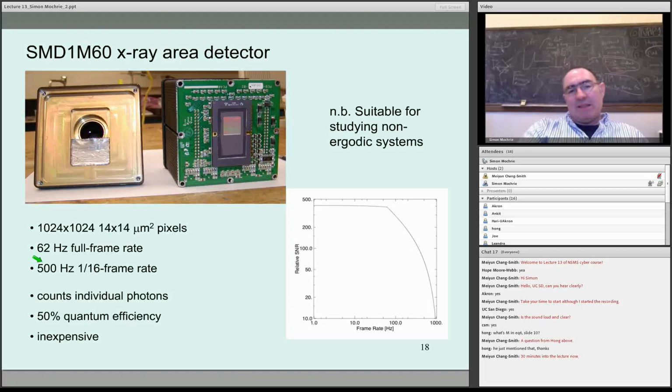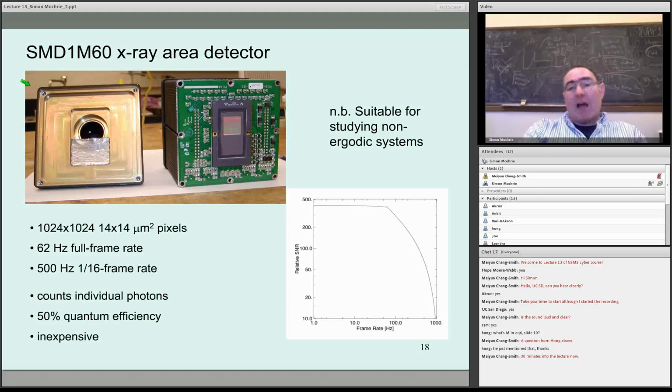Like I said, this is actually a 10-year-old detector at this point, maybe 12 years old at this point. And one of the challenges for XPCS is to get faster detectors that are efficient.